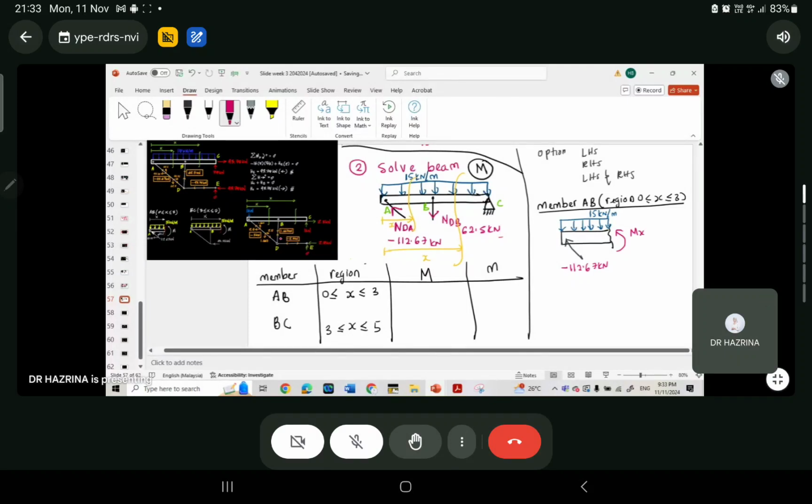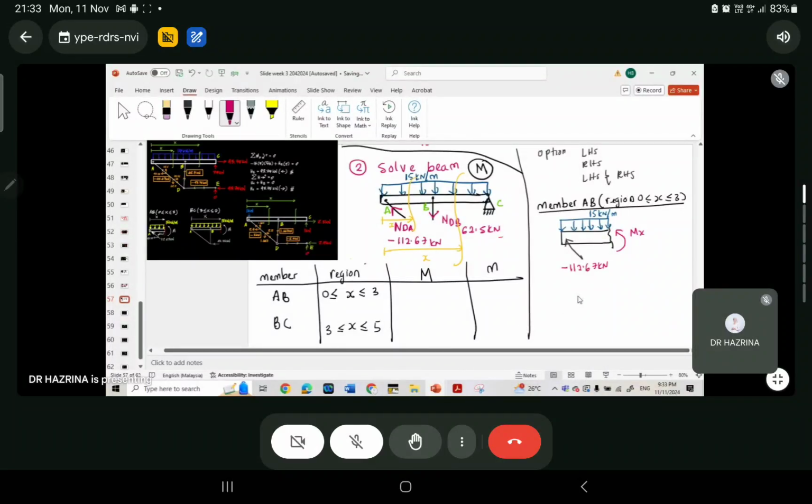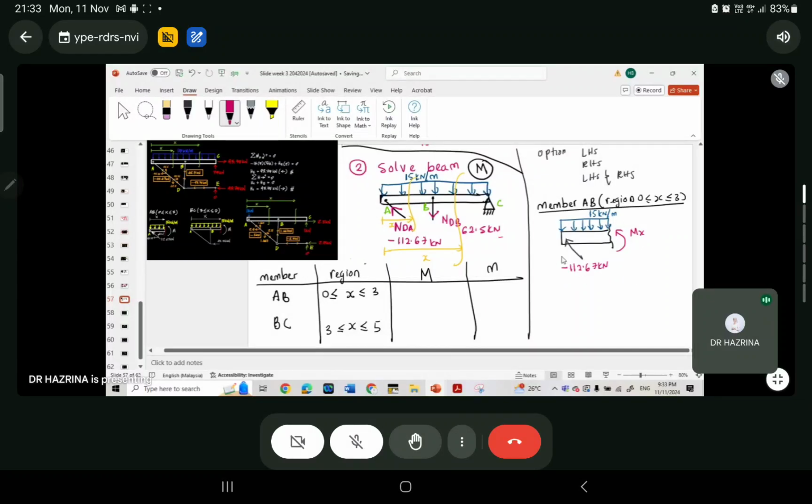Hold on. Sekejap, tolong kira dulu. Semua mohon tolong cari you punya this one first. I nak you cari dia punya equation dulu untuk this one, please, everyone.